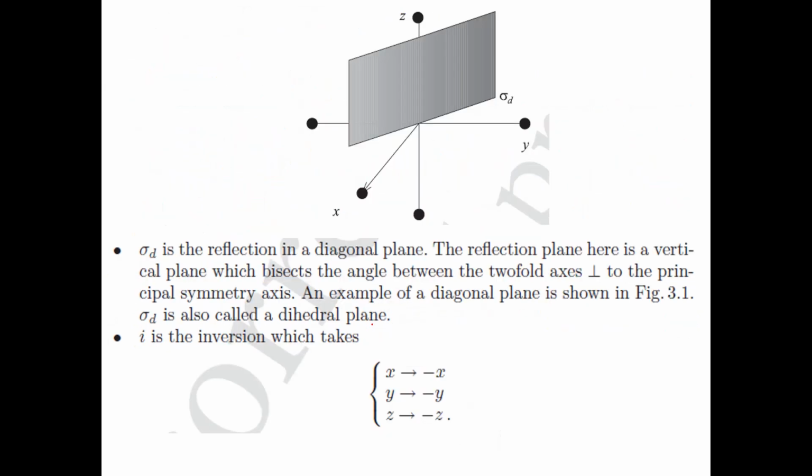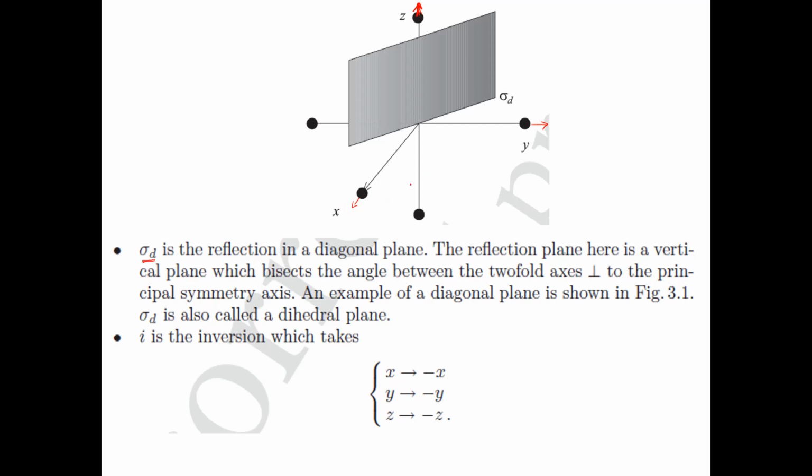Okay? You can also have what we call sigma d planes, which are dihedral planes or diagonal planes. These planes are also vertical, but it's a special case. For instance, let's consider this example. Z is the main symmetry axis of the molecule, but besides the main symmetry axis, you also have secondary rotation symmetry axes in a horizontal plane that we call the xy plane.